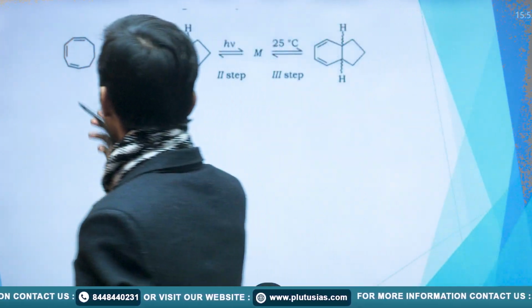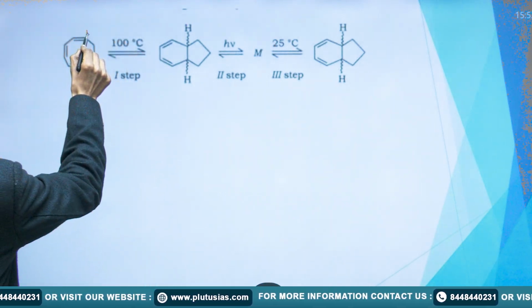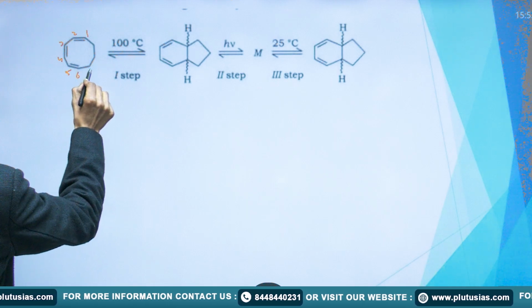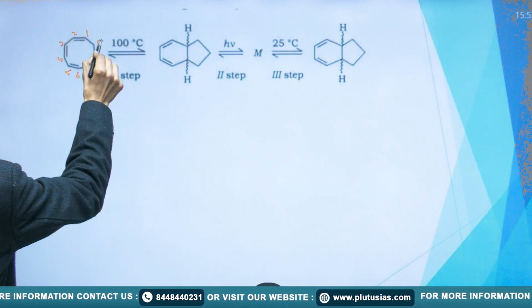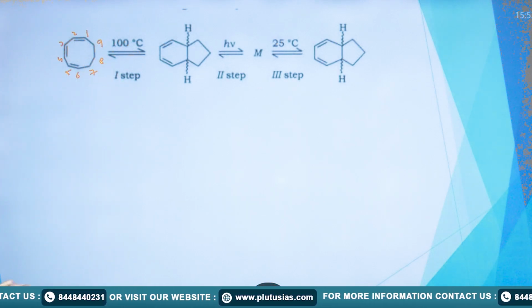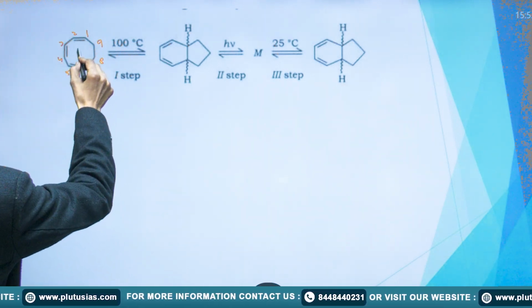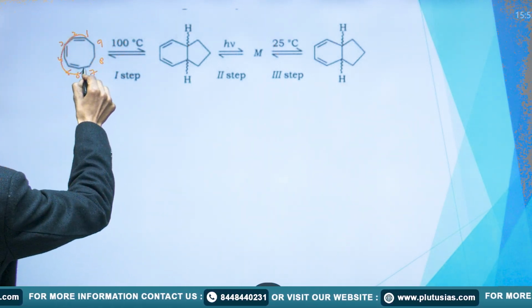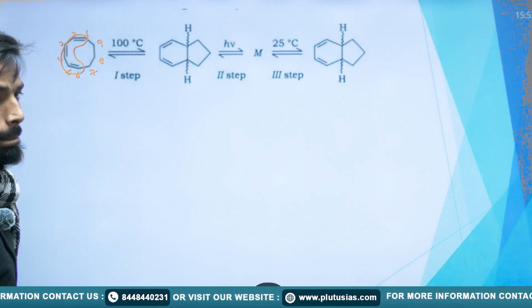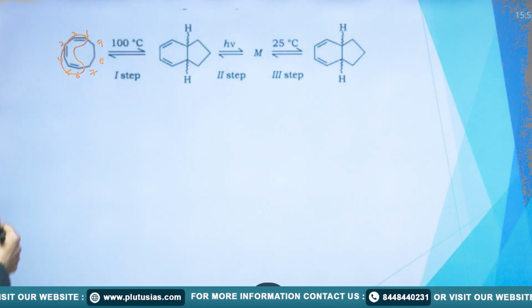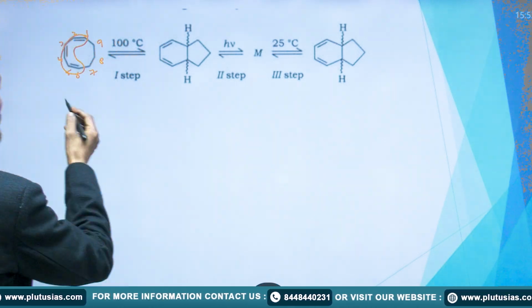So we will start solving this question. Here we see 1, 2, 3, 4, 5, 6, 7, 8, 9. It is a 9-membered ring, and we can very easily see it is a 4n plus 2 system, or 3 pi, you can say an odd electron system.